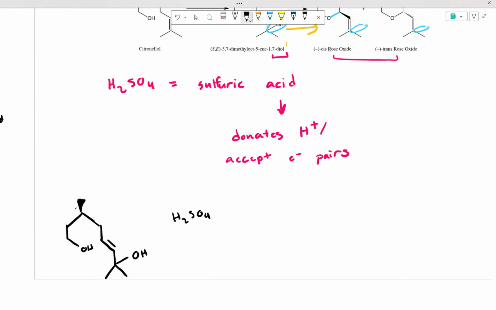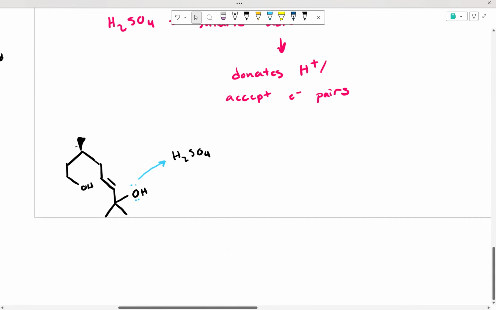So these alcohols can actually steal a hydrogen from this acid, and this leads to this happening.